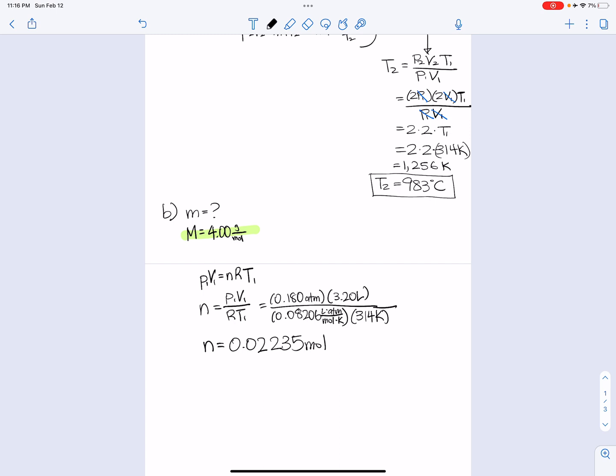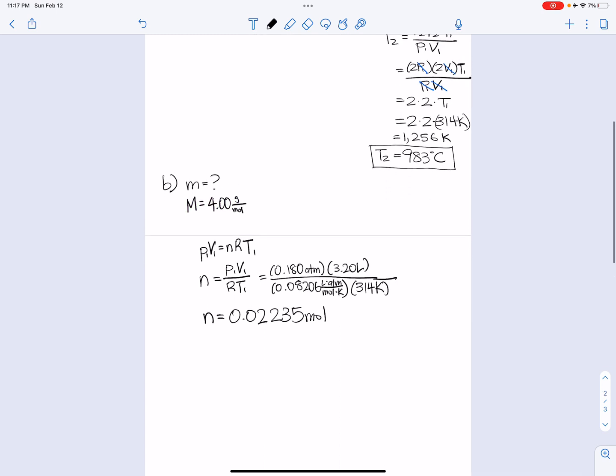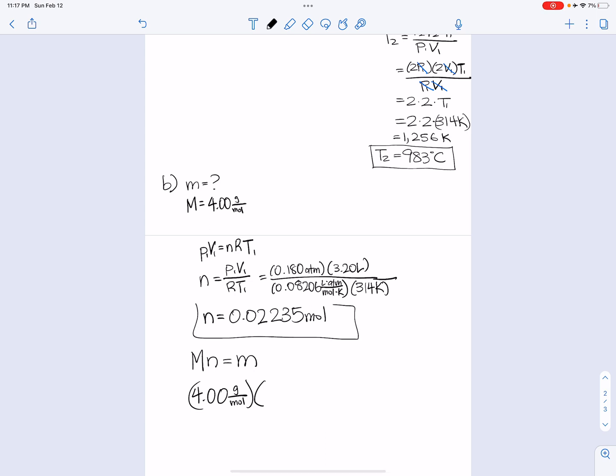And again, I am given the molar mass right here for helium. So I would multiply the molar mass times the amount of gas I have in moles, and that should equal my mass in grams. Now let's try that. So my molar mass is 4.00 grams per mole. And I'm going to multiply that by the amount of gas that I calculated right here.